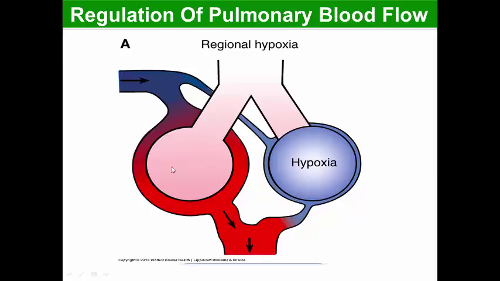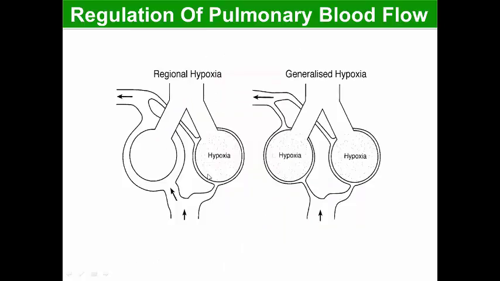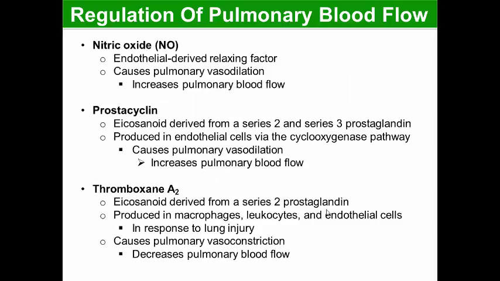Here we have this normal alveolus, and now it has got more blood. When there is generalized hypoxia, we have vasoconstriction throughout the pulmonary circulation.